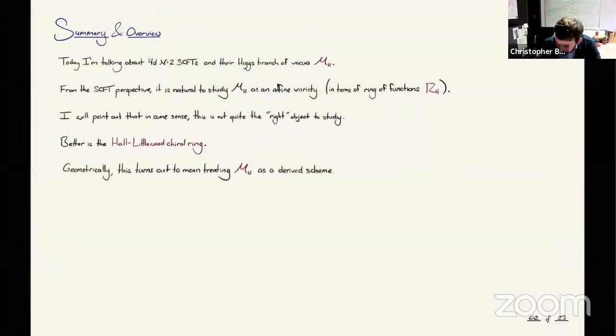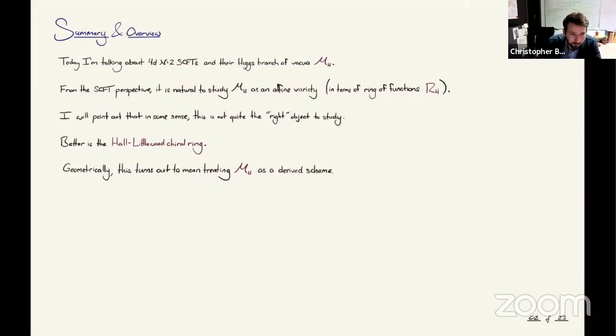And from a geometric point of view, saying that you should think of the Hall-Littlewood Chiral Ring instead of the ring of functions on the Higgs branch turns out to mean that you should treat the Higgs branch as an affine derived scheme. I say that phrase somewhat warily, as there are surely multiple people in the audience who really know what that means, and I only sort of know what it means.